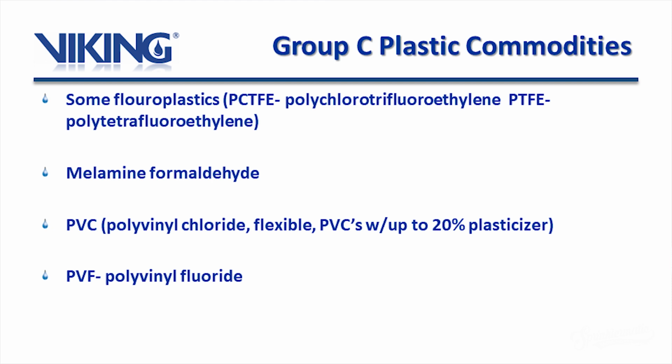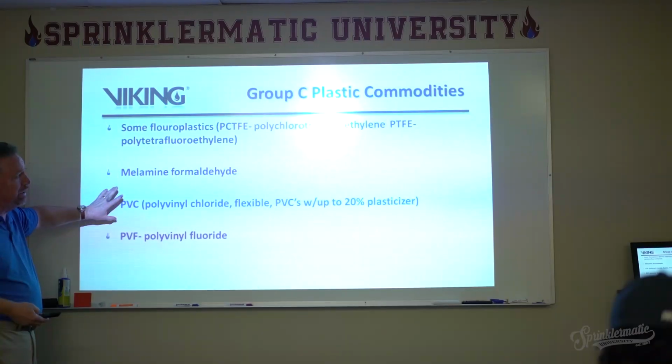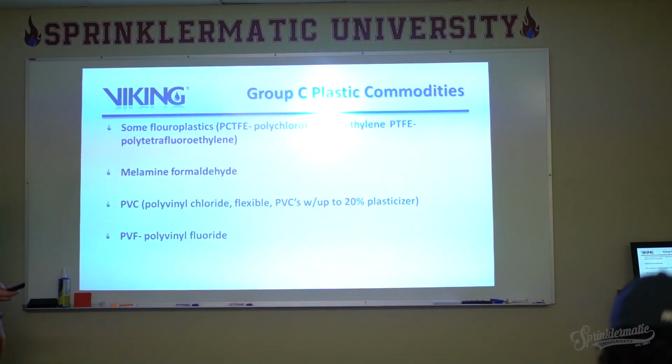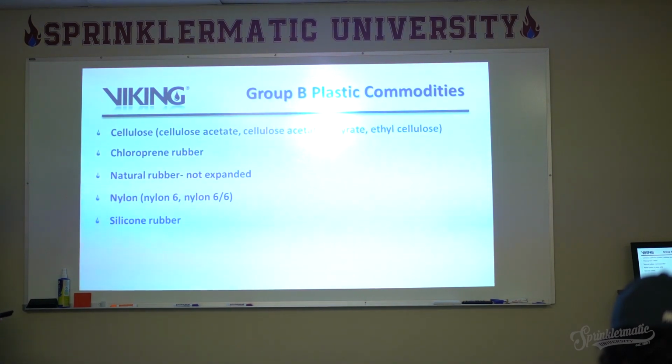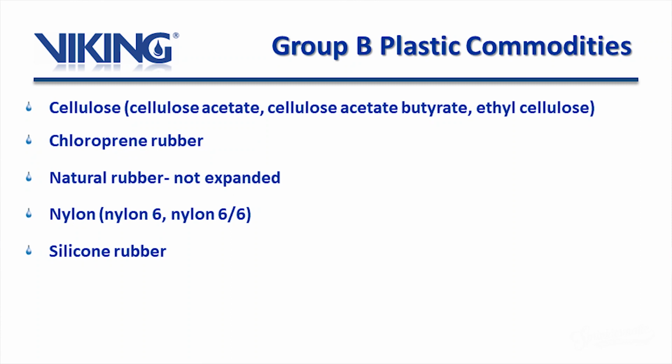Polyvinyl fluoride, but basically these are considered to be Group C commodities. Group B: cellulose, cellulose acetate, cellulose materials, nylon, natural rubber not expanded, silicone rubber. These are part of the group that are Group B plastics.